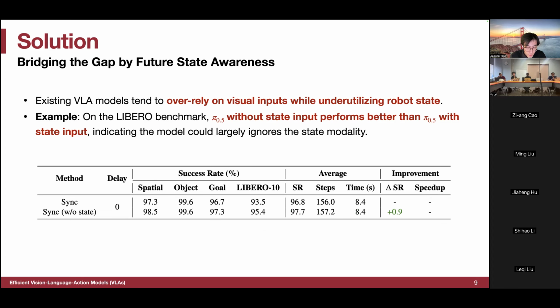For example, we found on the LIBERO simulation benchmark, the Pi-0.5 model fine-tuned without the robot states input can outperform the Pi-0.5 model with the robot states input, which indicates that the model could largely ignore the robot states modality and over-rely on the visual input. So naturally, it doesn't work if we simply change the current robot states to the future robot states.